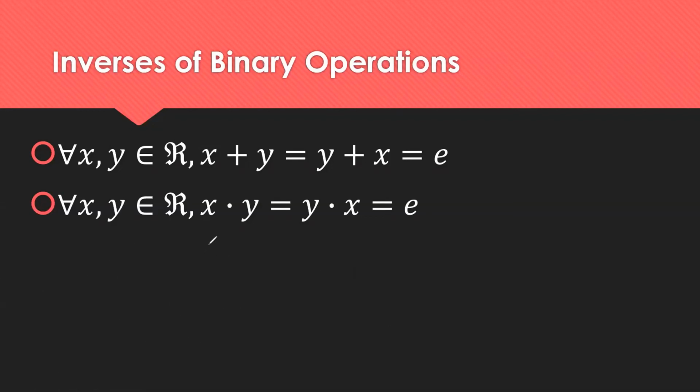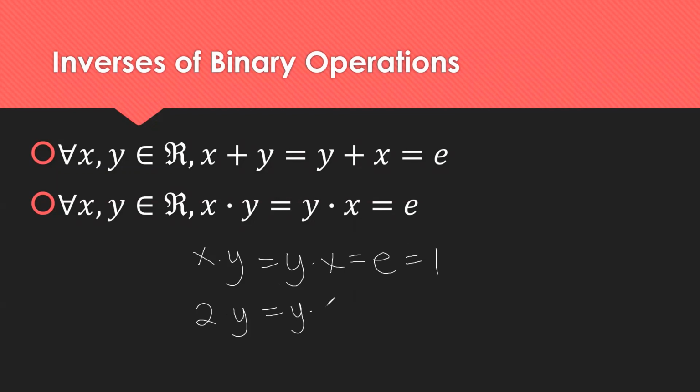How about for multiplication? x times y is equal to y times x is equal to e. We know that the identity element for multiplication is 1, so this is equal to 1. Suppose our x is 2, 2 times y is equal to y times 2 is equal to the identity element 1.